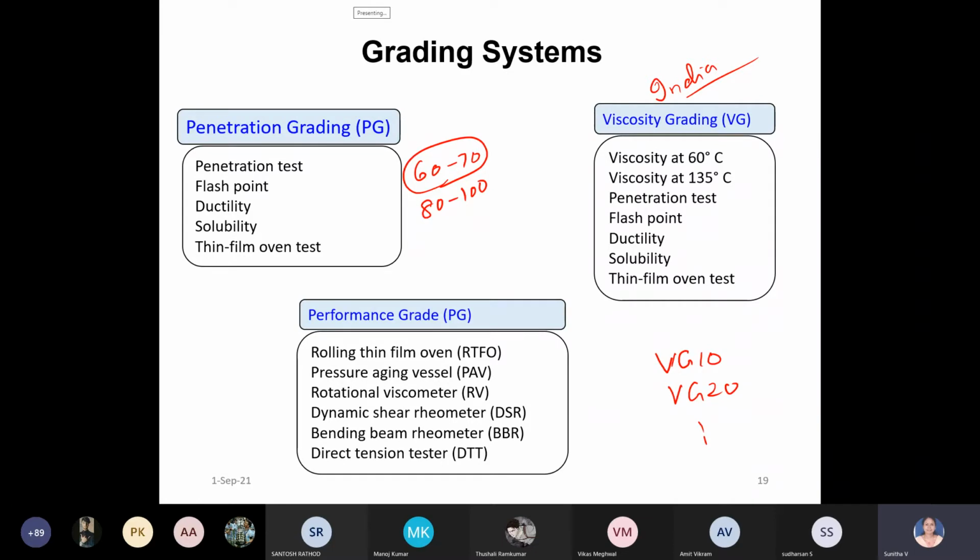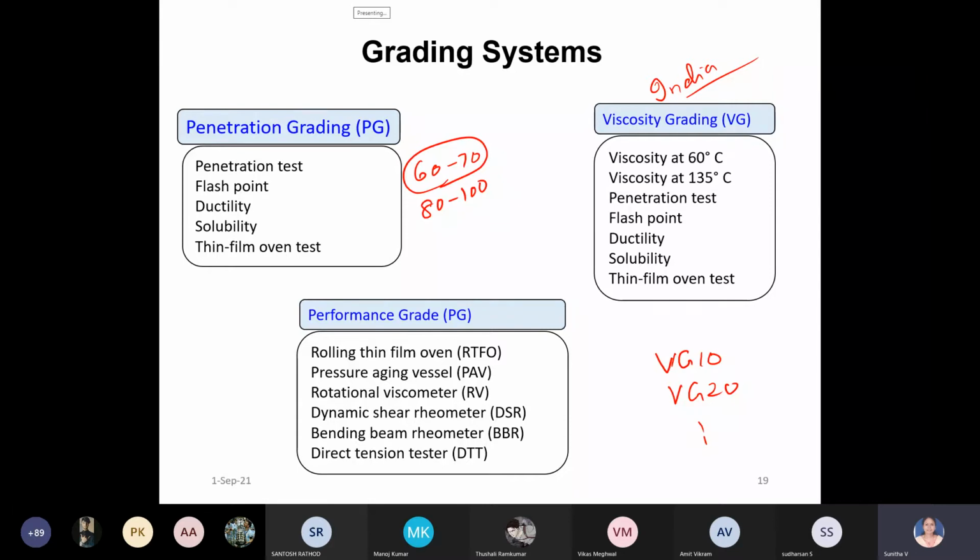Dynamic shear rheometer is again an equipment where, if the temperature is in the medium range, you can test the shear properties of the bitumen. The rolling thin film oven and pressure aging vessel are equipment to get aged bitumen. If you take the bitumen fresh and test it, you will get some viscosity properties.